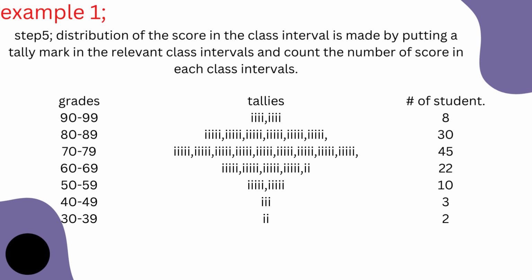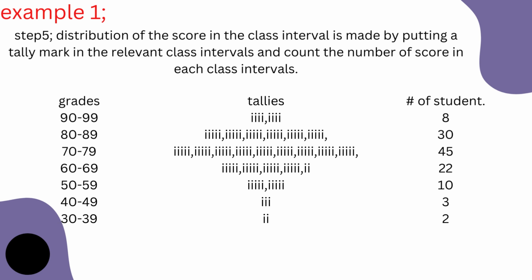Then the 22 students who get a score of 60 to 69 are in groups of 4, groups of 5 and 2. So basically they count them as groups to make it easy to count.